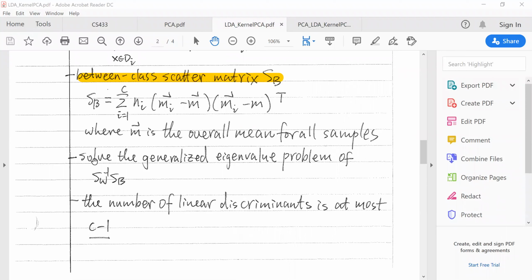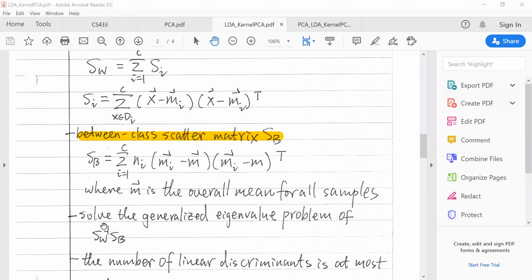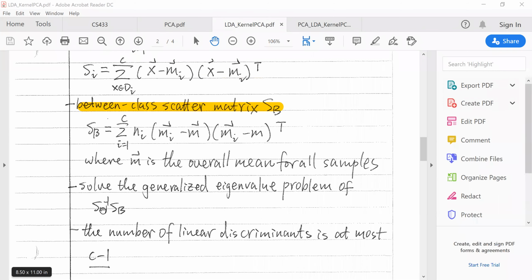And then here it says you solve the generalized eigenvalue problem. You use the intra-class scatter matrix, its inverse, times the inter-class one, and you get a new matrix. With this, you solve the general eigenvalue, eigenvector problem.